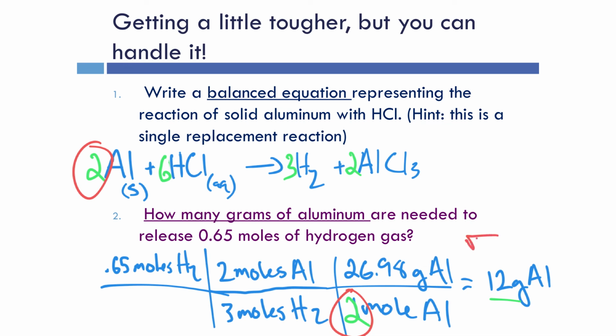Remember that in this step, right here, these 2 things have to be equal to be considered a conversion factor. And we know 2 moles of aluminum is not 26.98. Instead, only 1 mole is that. So make sure you don't get stuck with putting that 2 a second time. You've already accounted for the ratio of a 2.